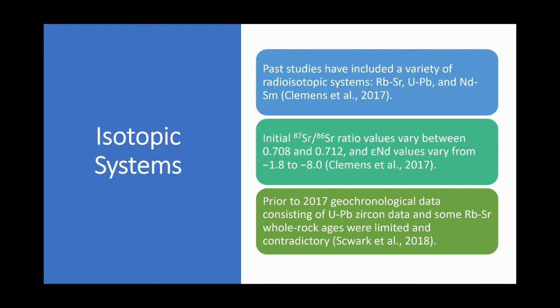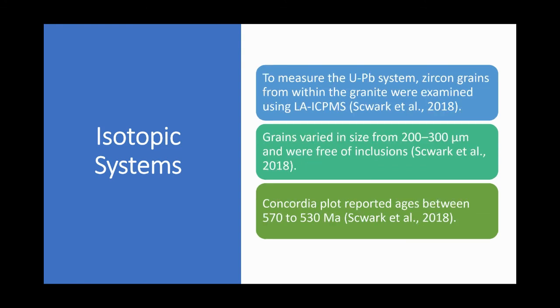Now, prior to 2017, geochronological data consisting of the uranium lead zircon data and some rubidium strontium whole rock ages were limited and contradictory. Now, to measure the uranium lead system, zircon grains from within the granite were examined using the laser ablation system.